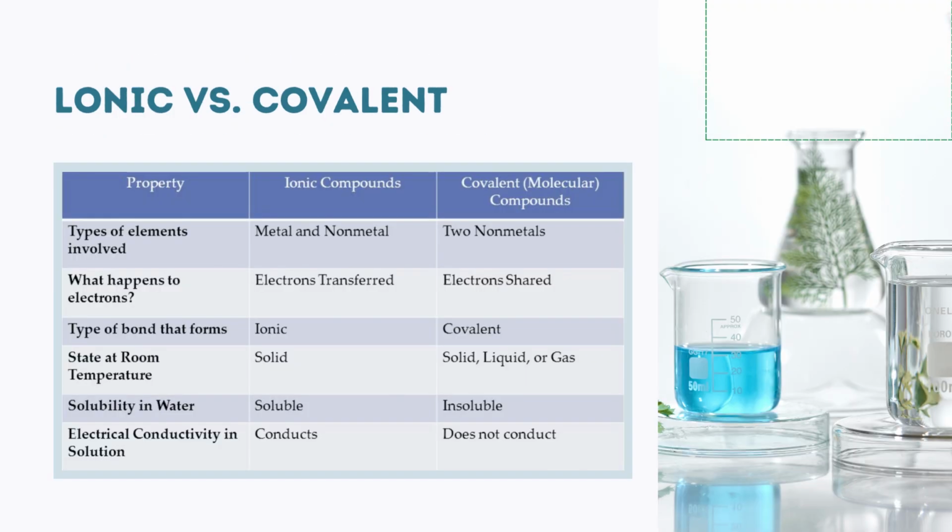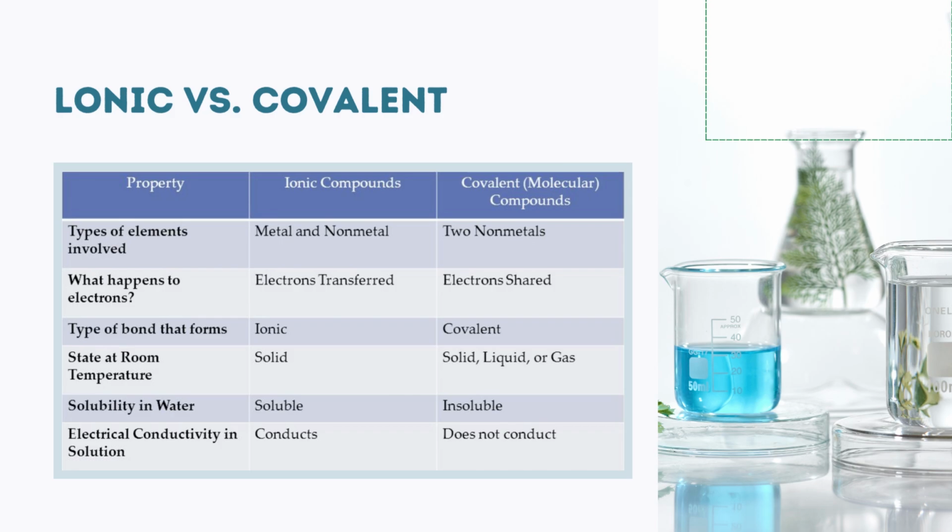Ionic and covalent compounds, or bonds, are both types of chemical bonds that hold atoms together. Ionic bonds are formed between metals and nonmetals, while covalent bonds are formed between nonmetals. Ionic bonds involve the transfer of electrons from one atom to another, resulting in ions with opposite charges being attracted to each other.